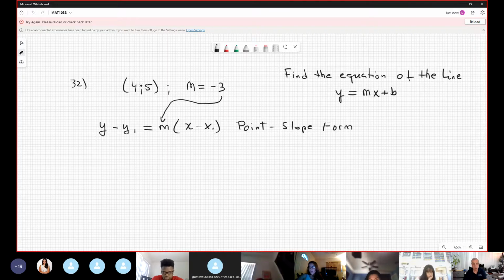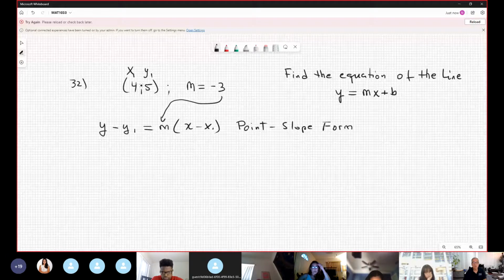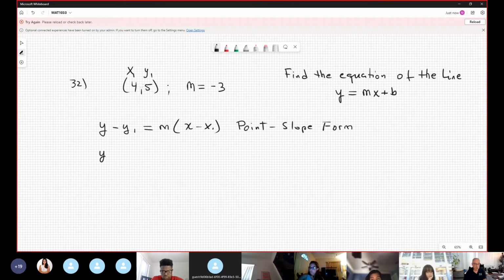This point is only one, I suppose it's x1 and y1. Yes or no? Makes sense? Now plug it into the formula. y is a variable, it's a letter. Minus y1 is 5. y minus 5. Slope is -3, right? Parenthesis, x minus 4. So far, everyone follow me?